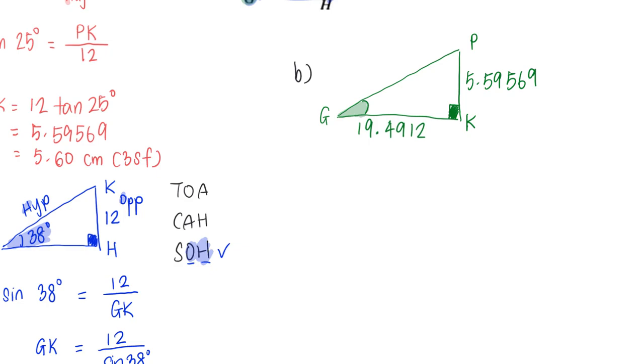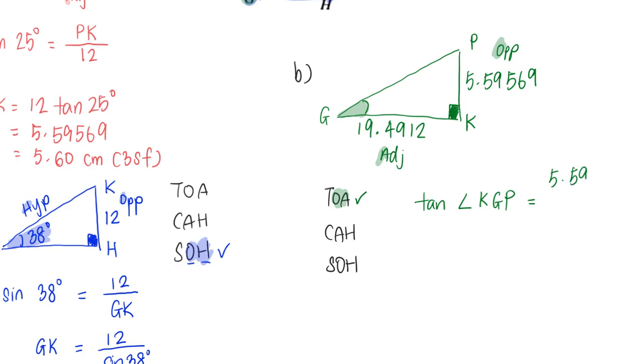So applying Toa, Ka, So again, I will have my opposite and my adjacent side. Given my O and my A, yes, I am going to tap on my tangent ratio. Tangent KGP will be equal to opposite over my adjacent side.